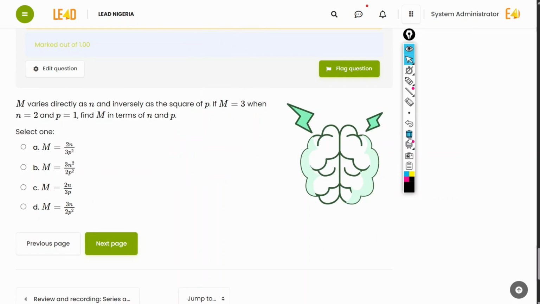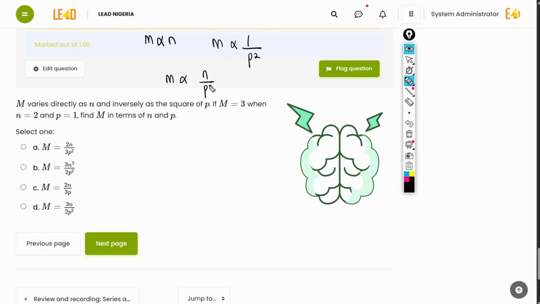Question 50 says m varies directly as n, and inversely as the square of p. So let me write. That means that m varies directly as n, and m varies inversely as what? 1 over p squared. Okay, so putting this together, if I combine these two to make a joint variation, I would have m varies as what?